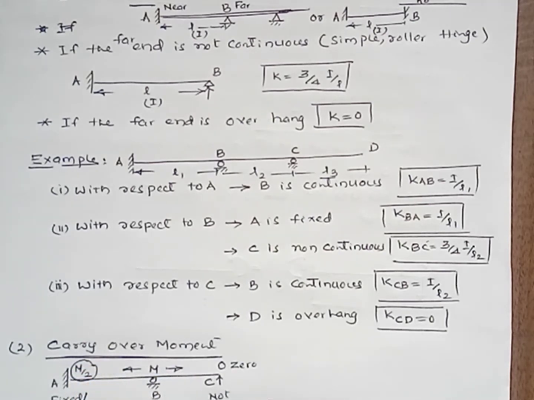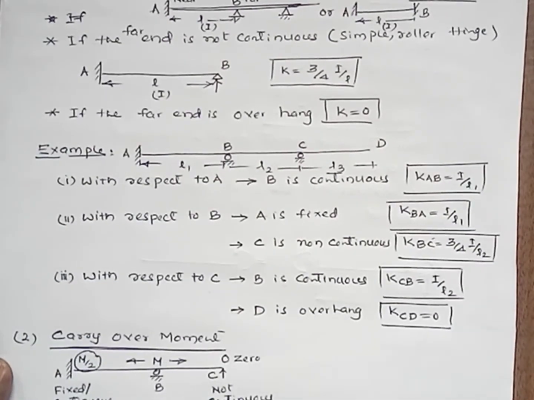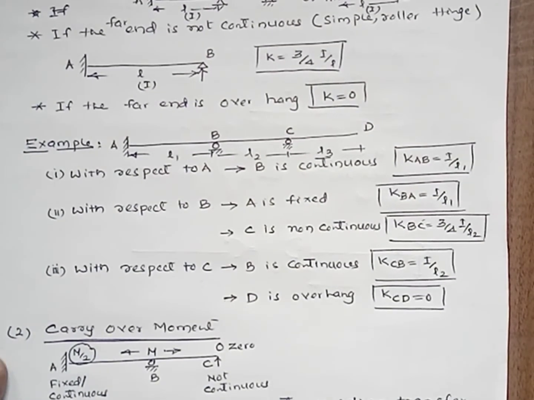I have written. Then if the end C is not continuous, or it may be on simple support, roller support, or hinged support, that is the end support. In such a case, if the end is fixed or continuous, then transfer 50% of the moment with the same sign.